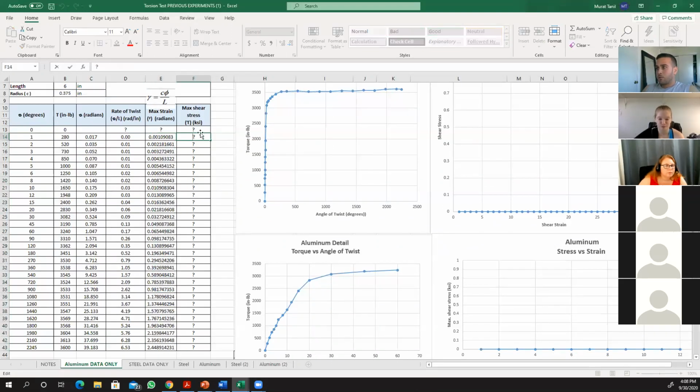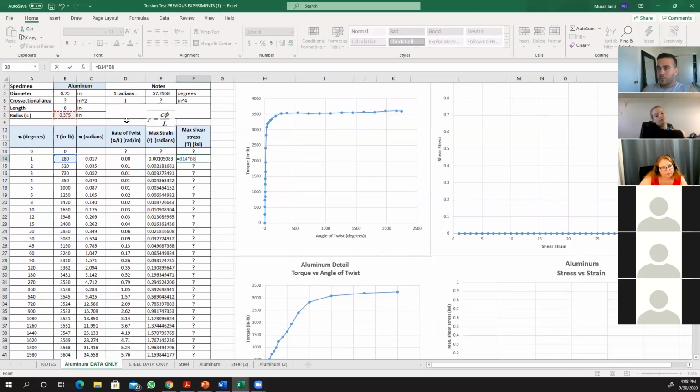And then maximum shear stress. That was the torque applied multiplied by the radius c, divided by J. Sorry, I don't know the J value.